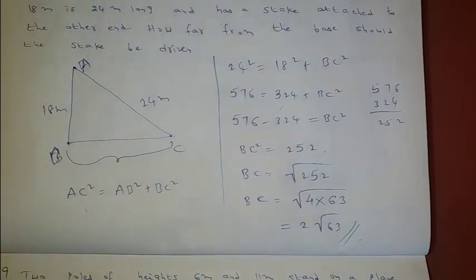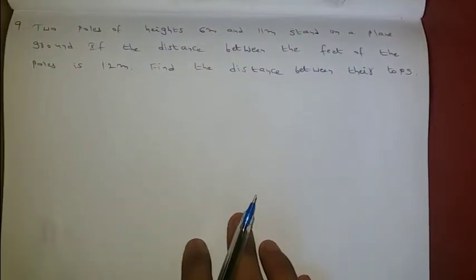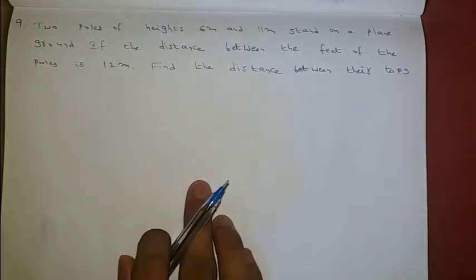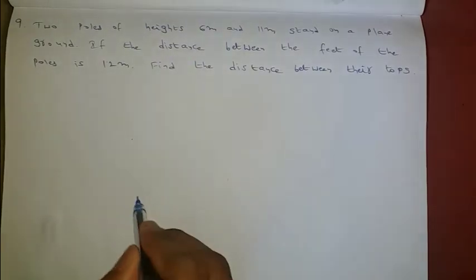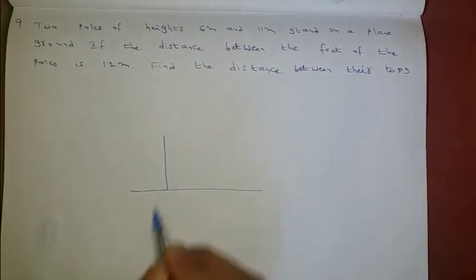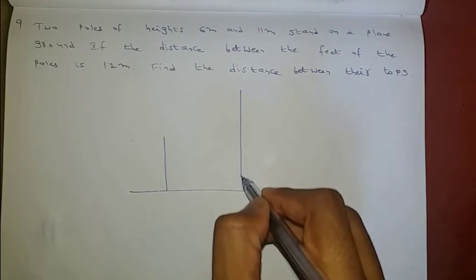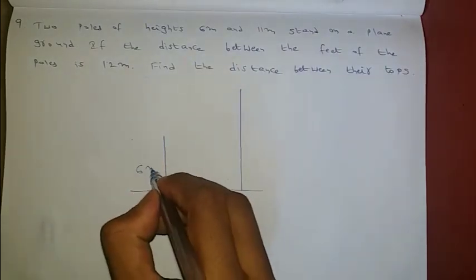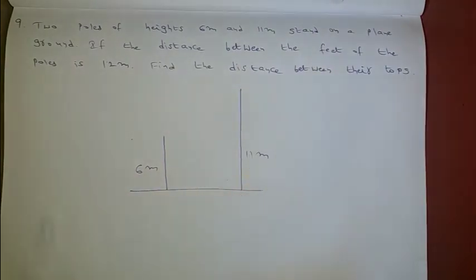Okay, let's move to the next question. Two poles of heights 6 meters and 11 meters stand on plain ground. We have one ground, and here a 6 meter pole and an 11 meter pole.